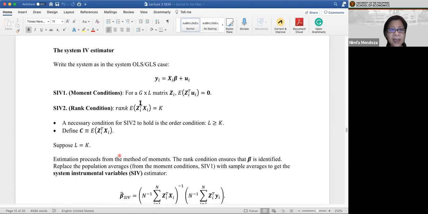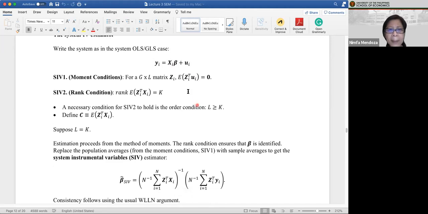So for the system IV estimator, we started with the model in the OLS GLS form. Y sub I is equal to X sub I beta plus U sub I. Later on, you will have an example on how you specify this X sub I with the endogenous and exogenous variables. Then we have two assumptions, the moment conditions and the rank condition.